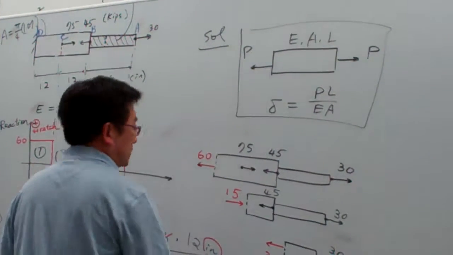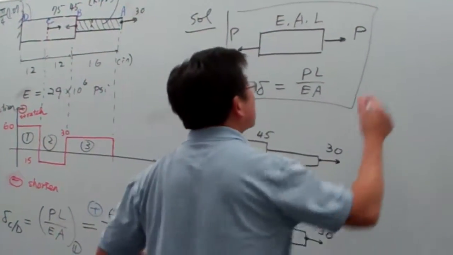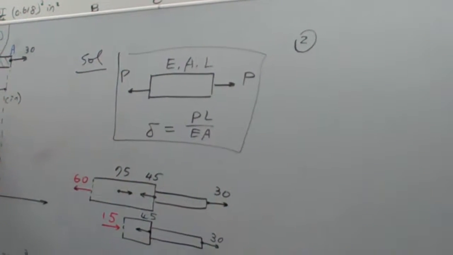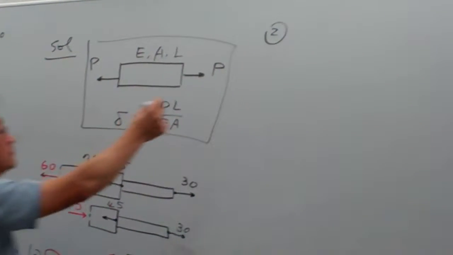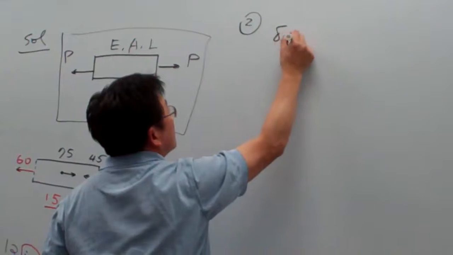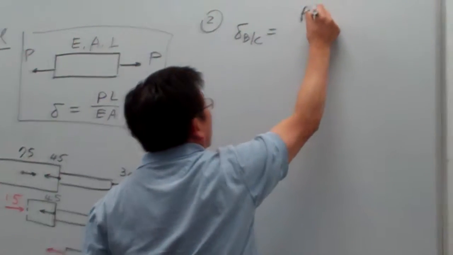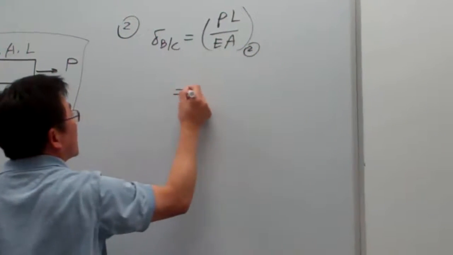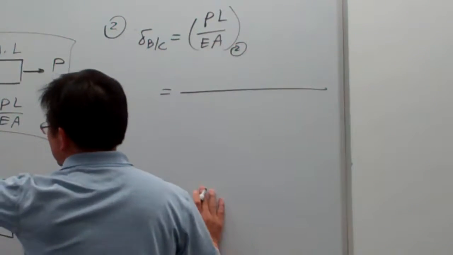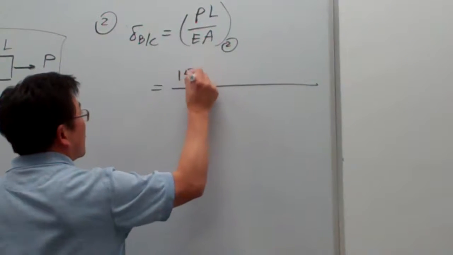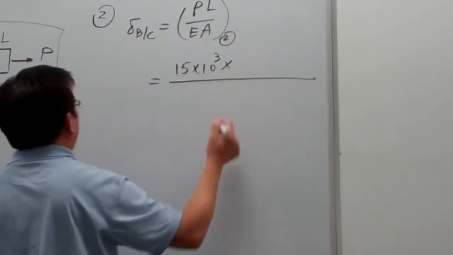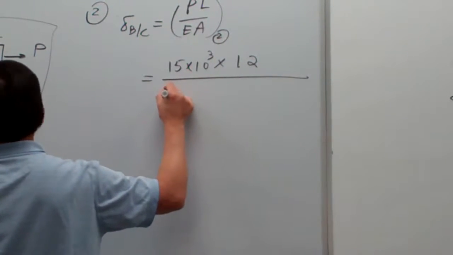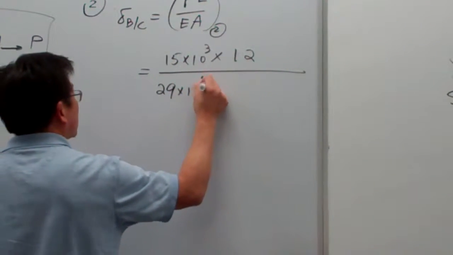Then the second piece. Look at this one, B relative to C. That is again PL over EA. For the second piece, we plug in the numbers. P is equal to 15 times 10 to the 3. L equal to 12. Let me skip over the units for now. 29 times 10 to the 6.